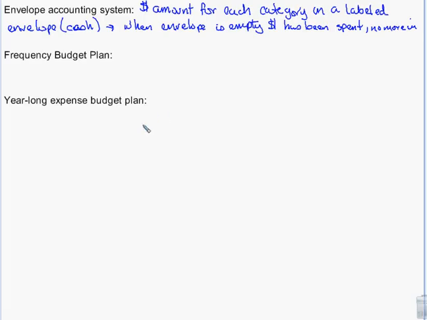The frequency budget plan, this is the checkoff matrix. We talked about that already. Like how often each one gets used. And then we have the year-long expense budget plan. This is like sample B in the last section. But instead of just being health, it would be all of your categories.